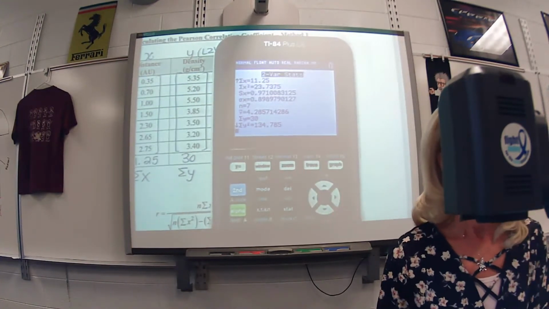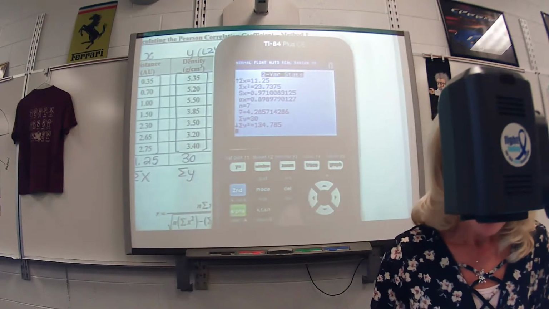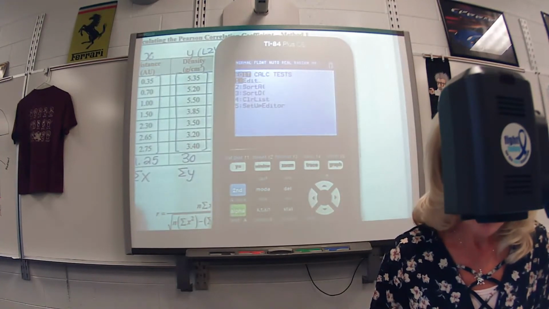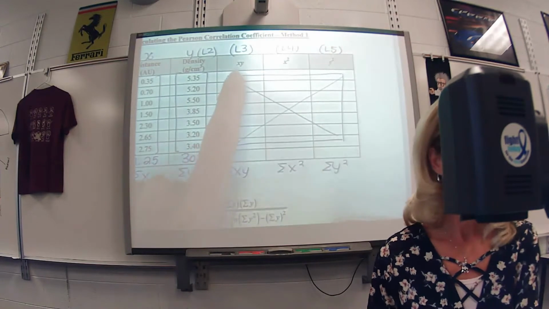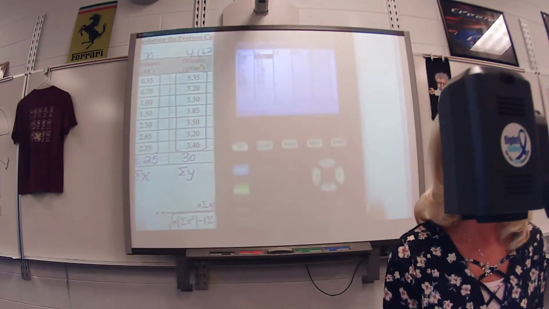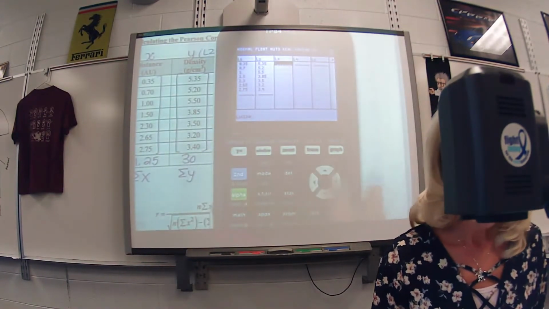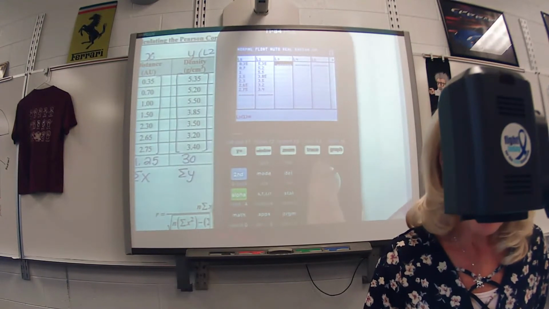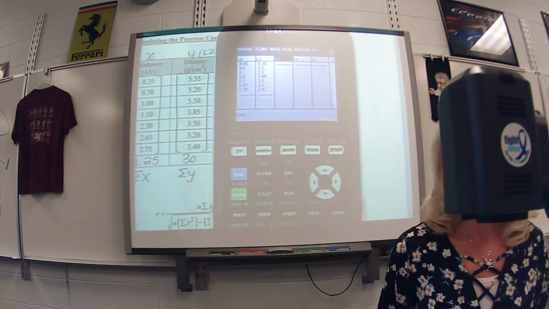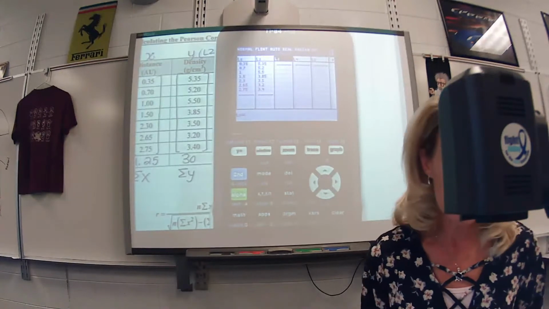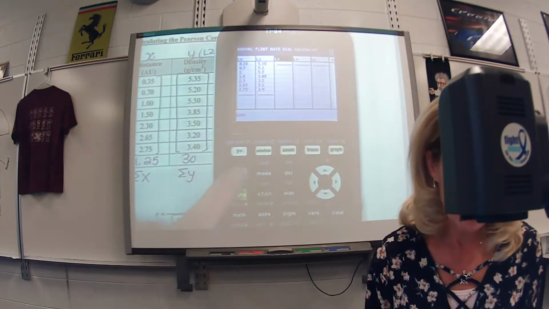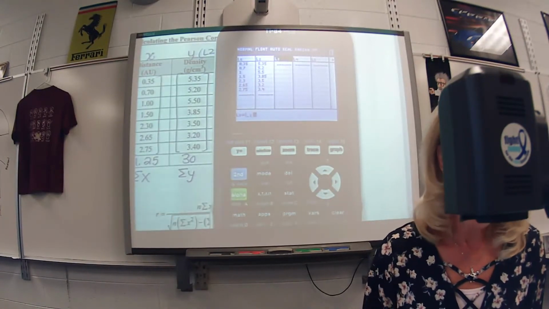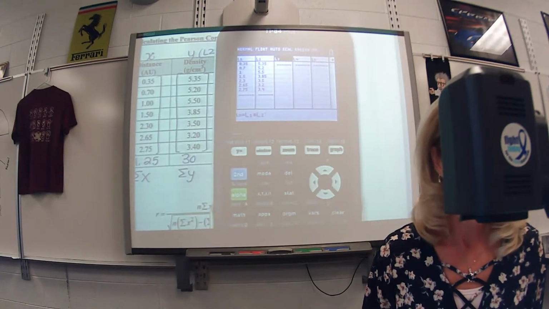All right. So what we're going to do now, though, is go back to your data. We need an X times Y column. So I'm going to go to the tippy top of L3, and I'm going to tell it to do L1 times L2.